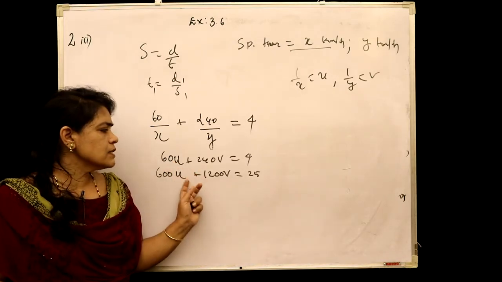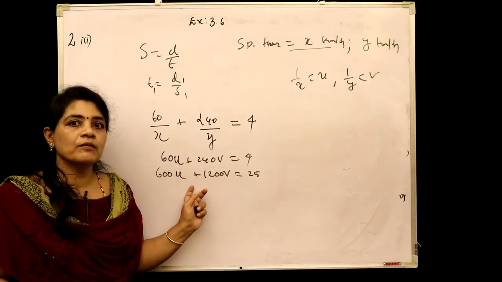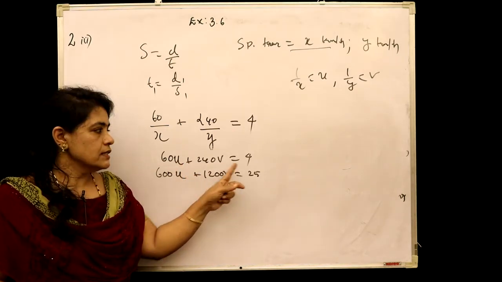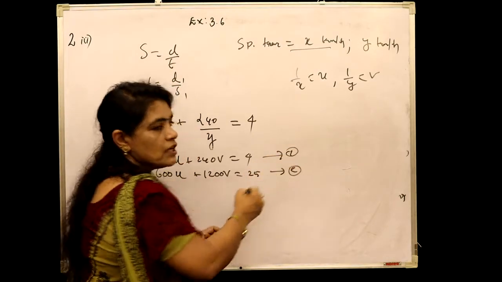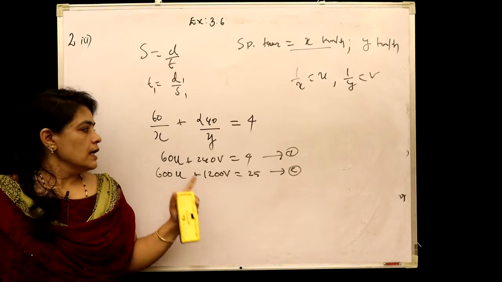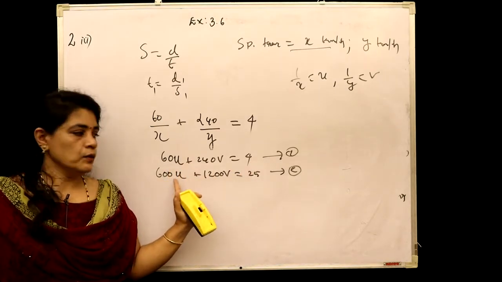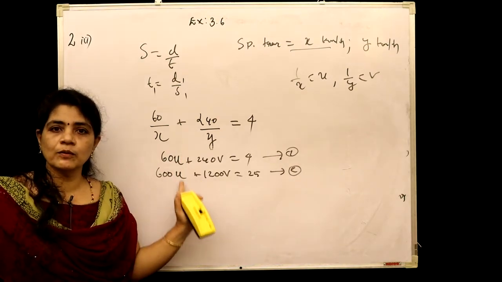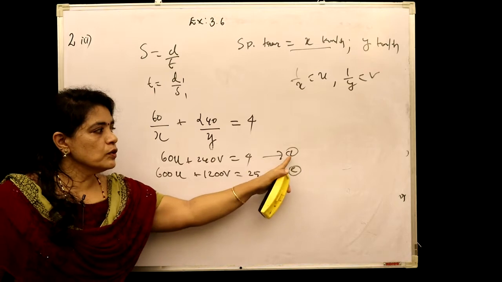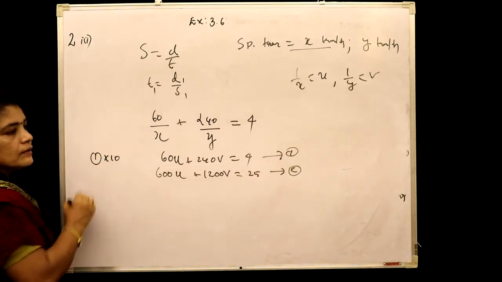So children, how can the coefficient of the variable be made equal? See children, if we mark this as equation number 1 and this as equation number 2, if we multiply equation 1 with 10, you can make this 600 because 600 is a multiple of 60. So what to do? You have to multiply equation 1 with 10.